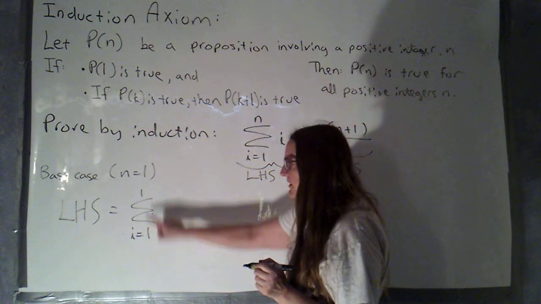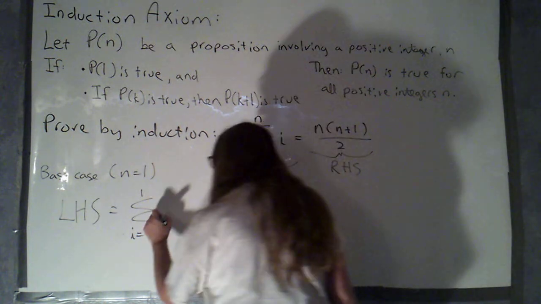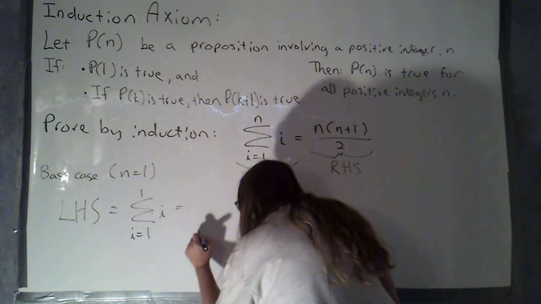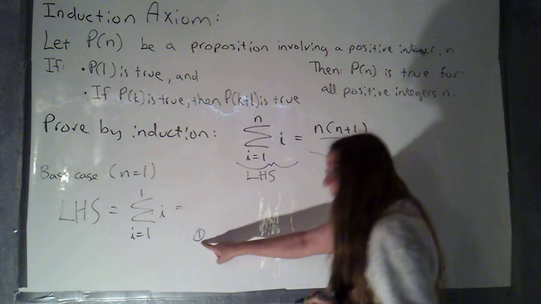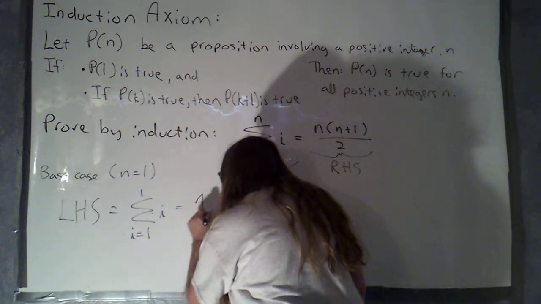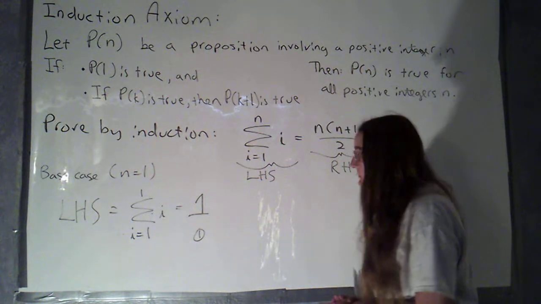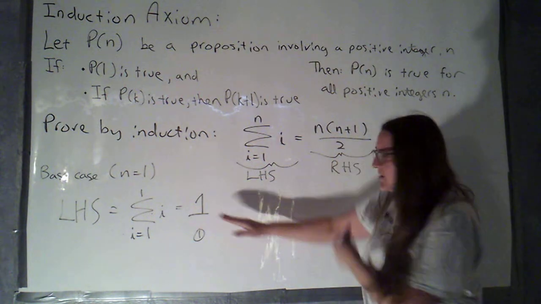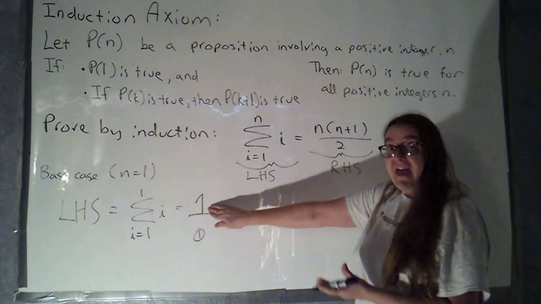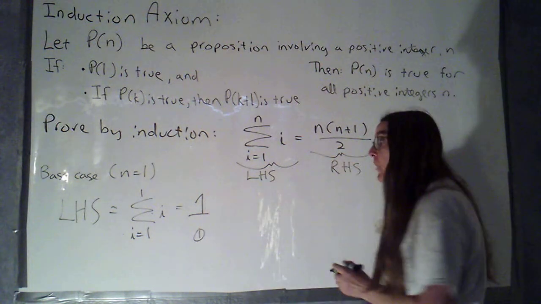Notice my initial index and my ending index are the same. Well, my index i starts at 1, and I'm done, because I end when I hit my final index of 1, and we simply have 1. So we have just one term. There's nothing that I'm adding to it, but a sum of one term is just that term. So the left-hand side is 1.